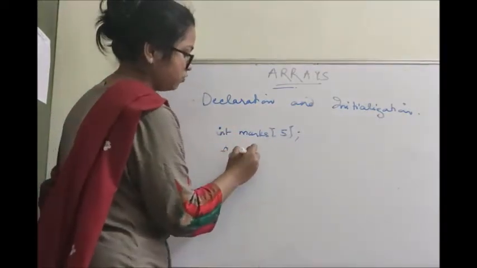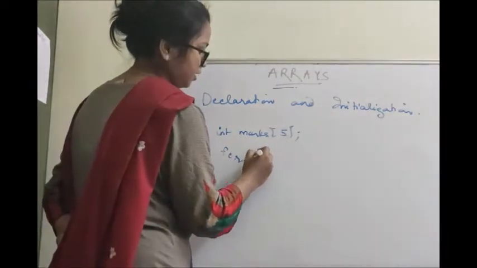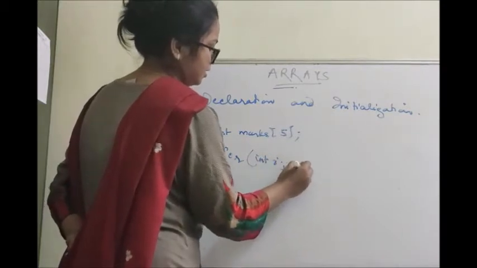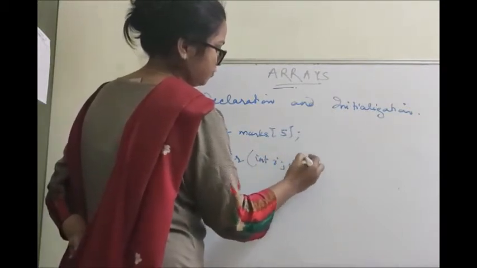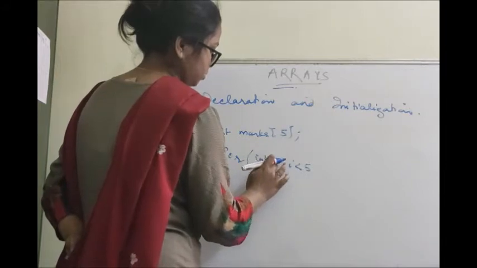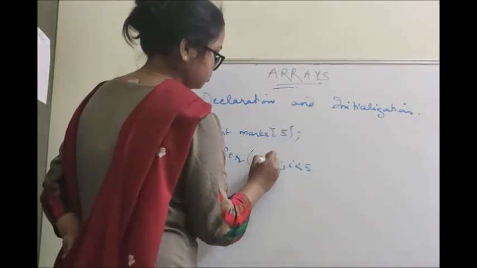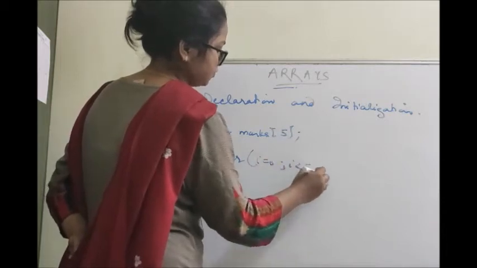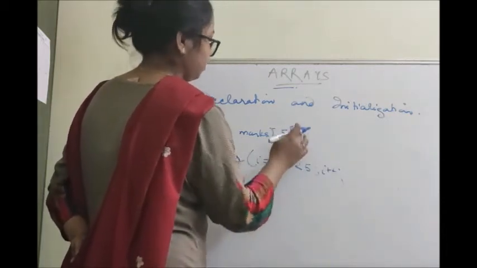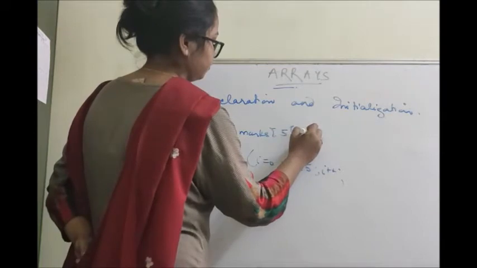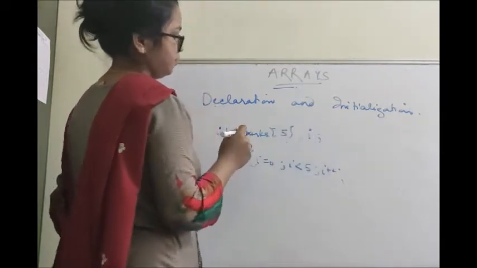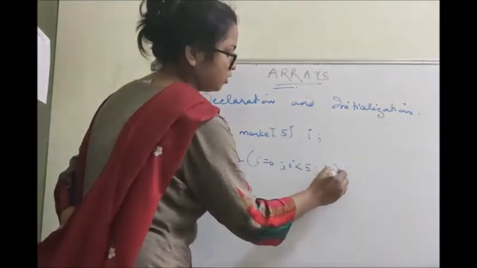So what we can do? For loop, int i = 0, i less than 5, i plus plus. Okay, so this is our loop.